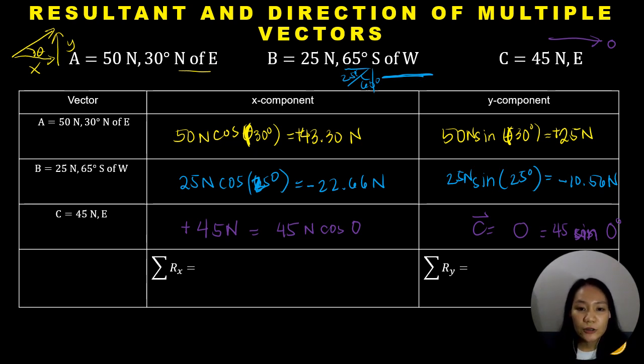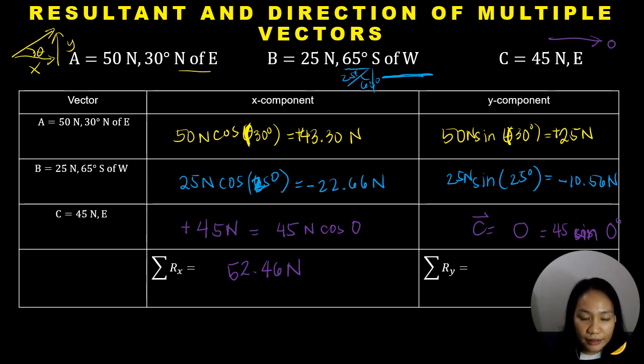So now what we're gonna do is to get the sum of all the x components and the y components. So you get the sum of the x components of A, B, and C. When you type everything in your calculator, including the signs, you should get a positive answer that is 52.46.